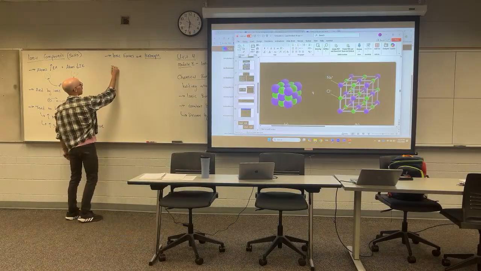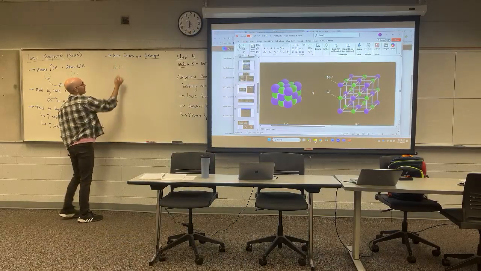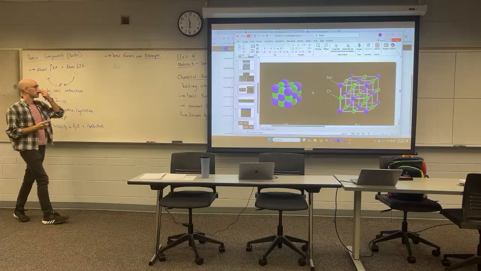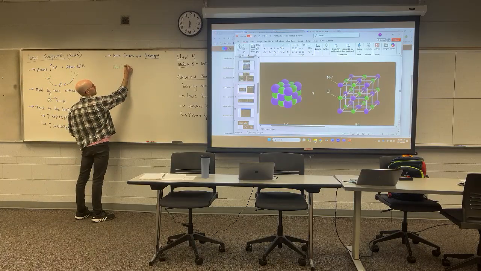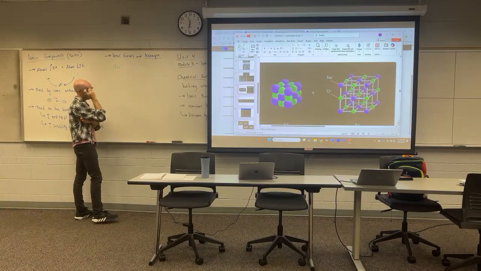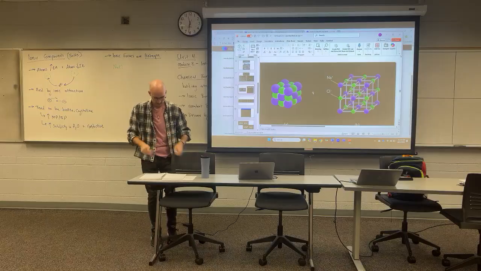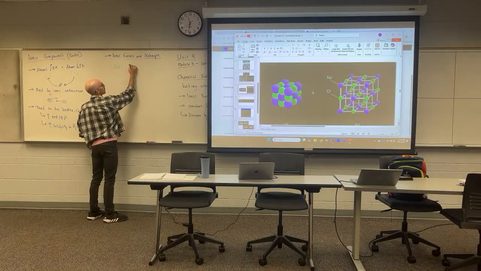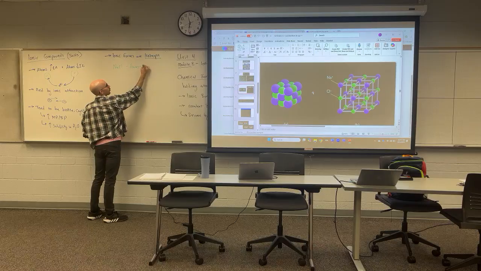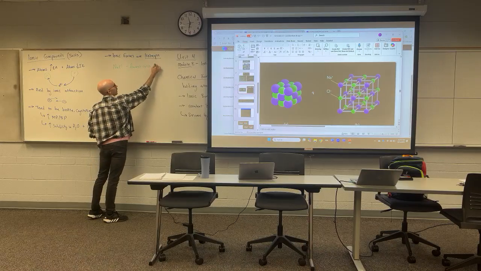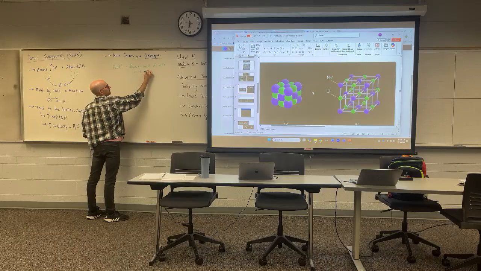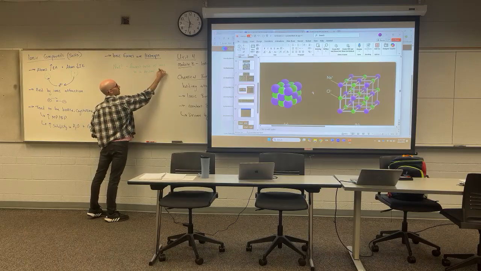So when we take a compound like NaCl, there are a few things we're doing with this chemical formula. This is simply the lowest ratio of ions in a neutral combination.